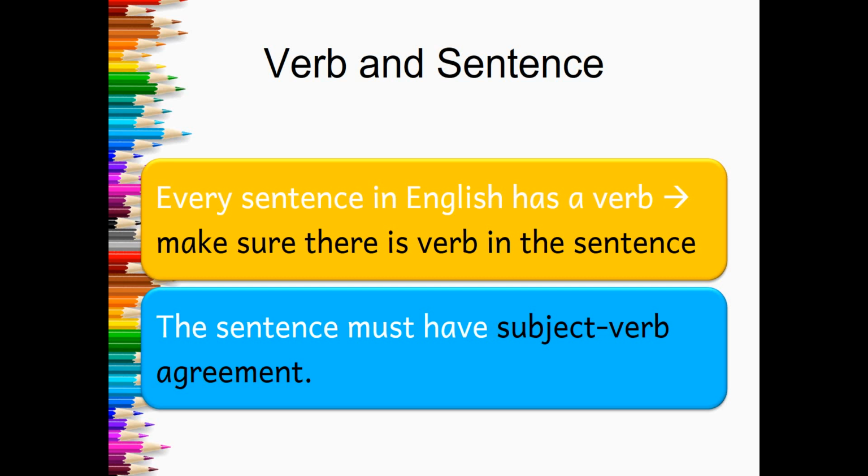Because every sentence in English has a verb. And if there is no verb, we have to make sure that there is a verb in the sentence. After you got verb there, you must be sure that the sentence has subject verb agreement.